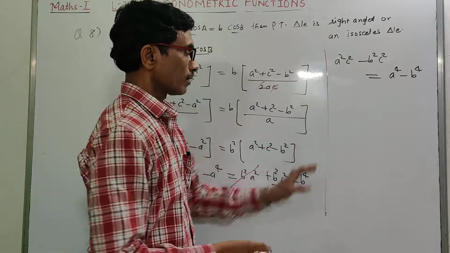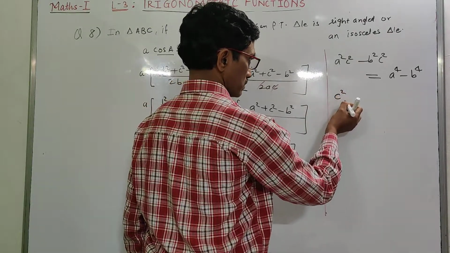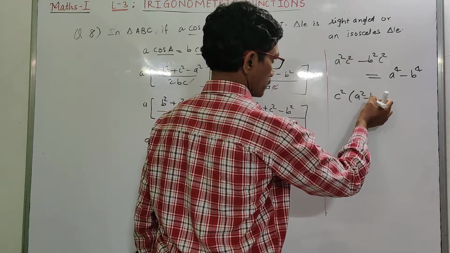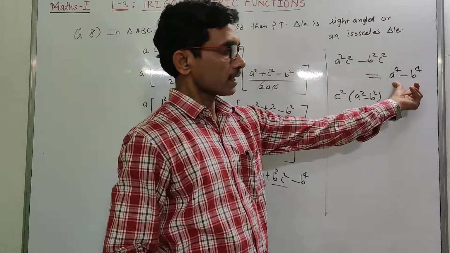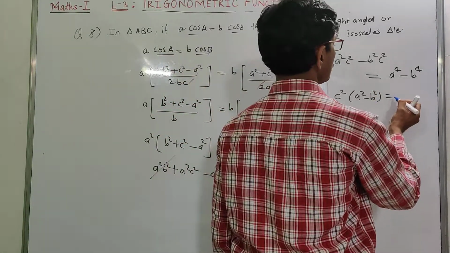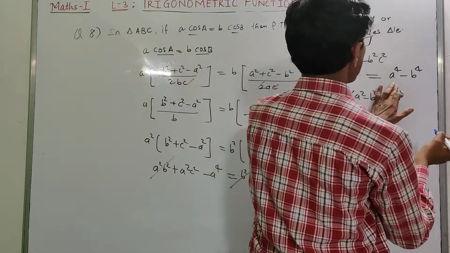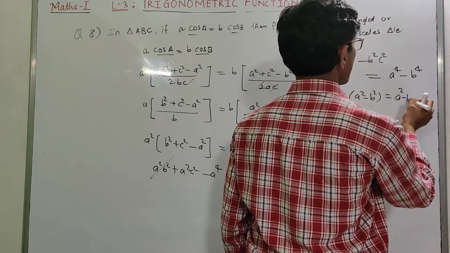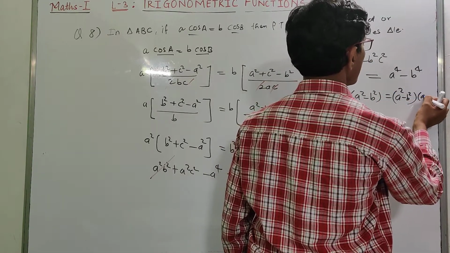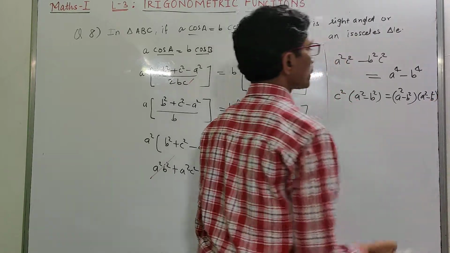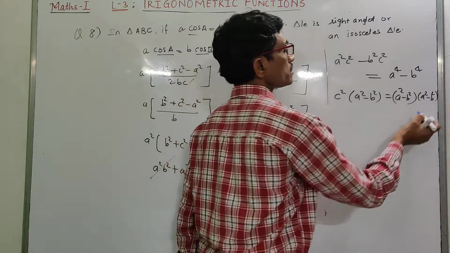Taking c square common from this, c square into (a square minus b square). Factorize this: it is a square minus b square and a square plus b square, these are the factors.